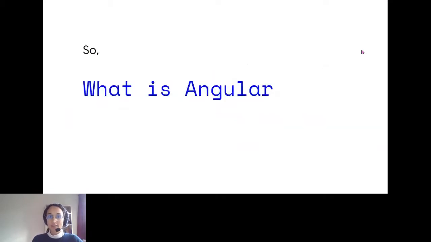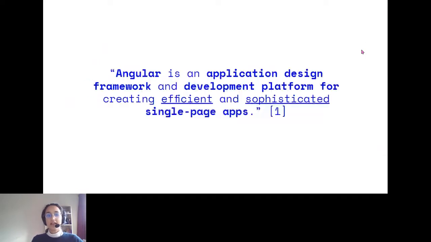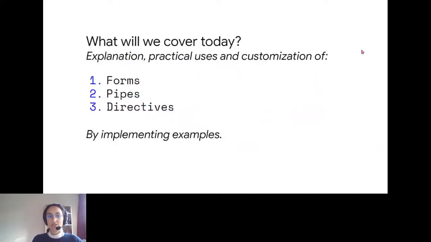So what is Angular? Just briefly, Angular is an application design framework and development platform for creating efficient and sophisticated single-page applications. Today we're going to cover 3 features of this framework, forms, pipes, and directives, and we are going to implement a couple of examples.